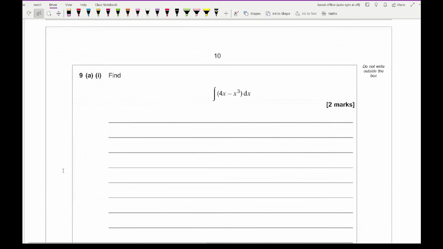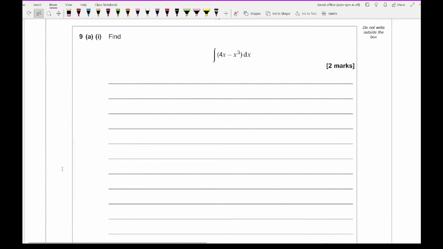Then moving on to question 9ai, it says find the integral of 4x minus x cubed dx. For this, what we need to do first is just use the basic rules of integration. So we increase the power by 1 and divide by the new power. So this is going to be 4x squared divided by 2 minus x to the power of 4 divided by 4, and again don't forget that plus c.